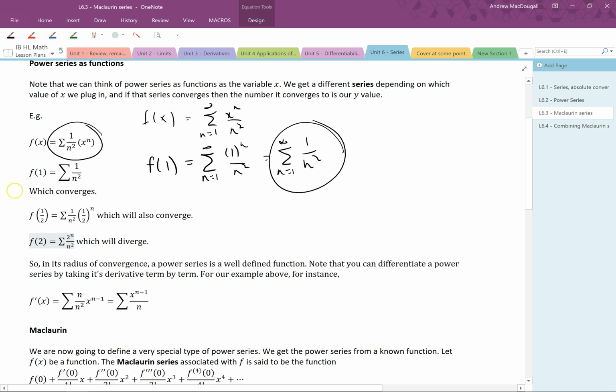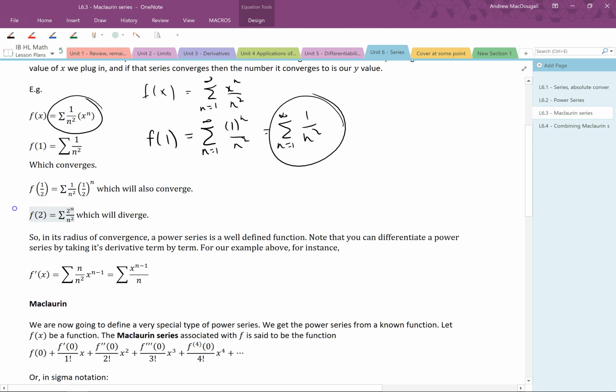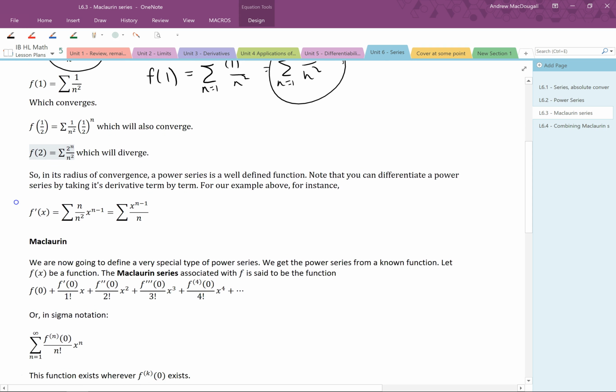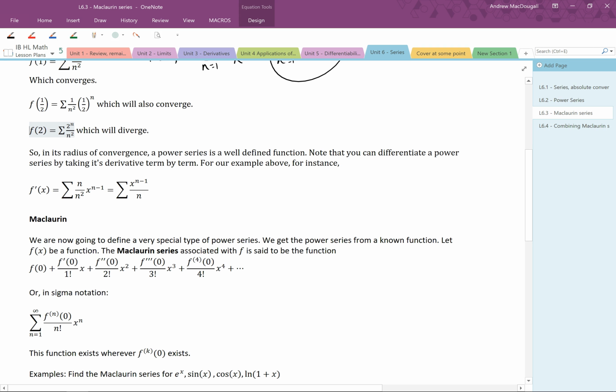And okay, well, why care? Let's explore some reasons why we might find this interesting. Before we go on, just know that we can differentiate these series term by term. Let's do even a really easy series.